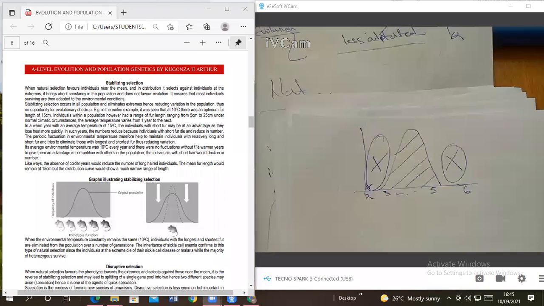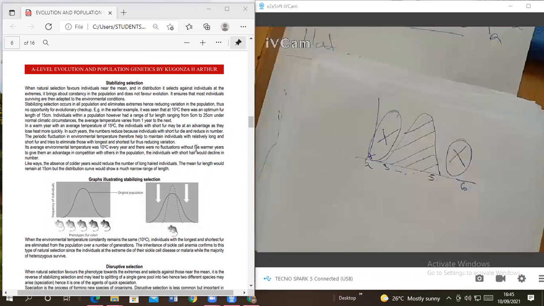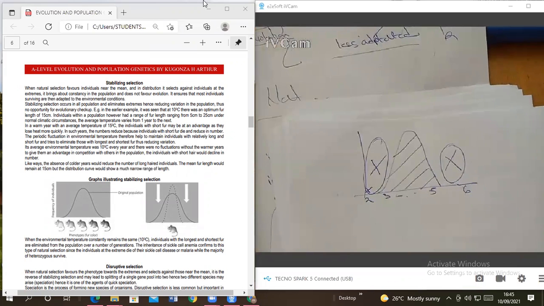I have given you an example which is always examined: human weight and percentage mortality. Mortality means death. Babies with very low weight will die. Babies with very high weight will also die. Only intermediates, 4-5 kilograms, will survive.